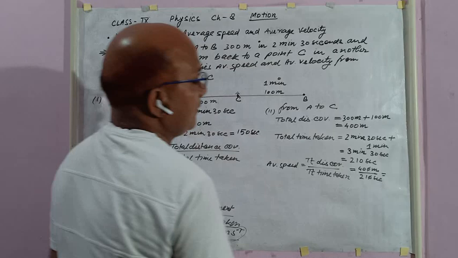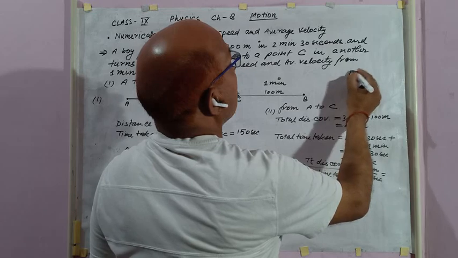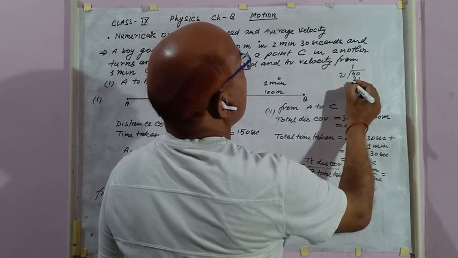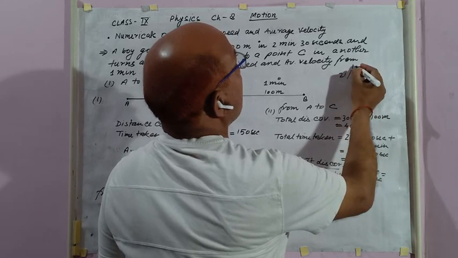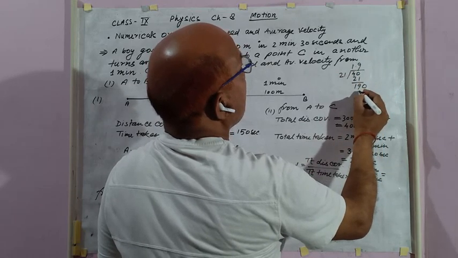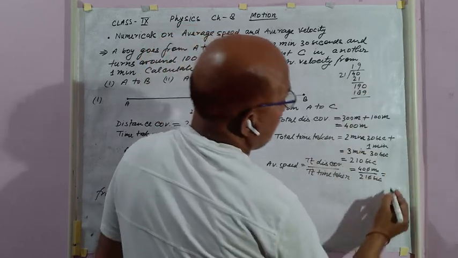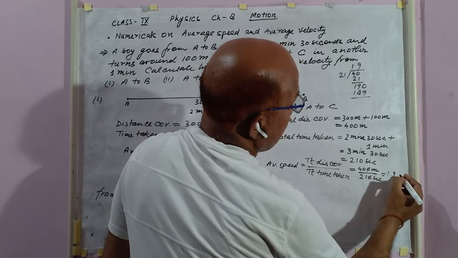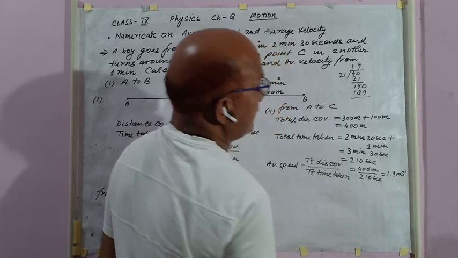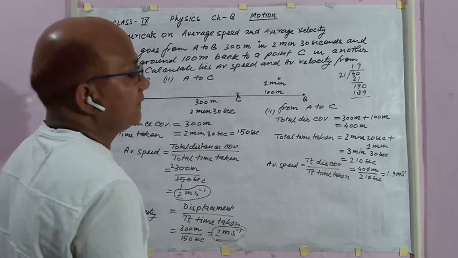So 40 by 21, approximately 1.9 meter per second. This is average speed from A to C.